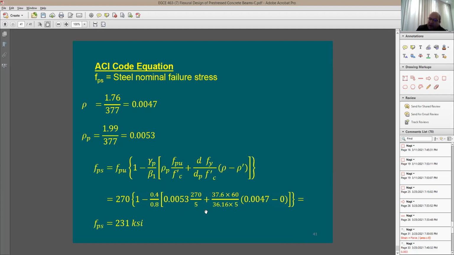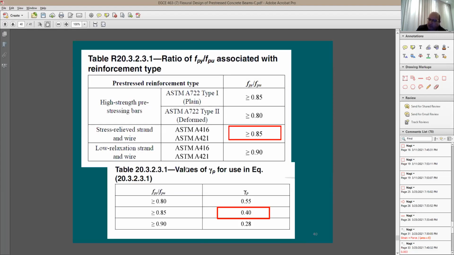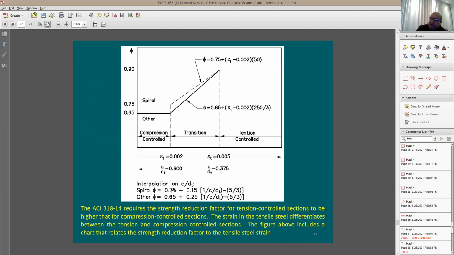I'm trying to tell you here, finding out the value of fps, you can do it in 2 ways. One way is just to use a code equation, which is this equation here, right? Another way is to do detailed analysis.